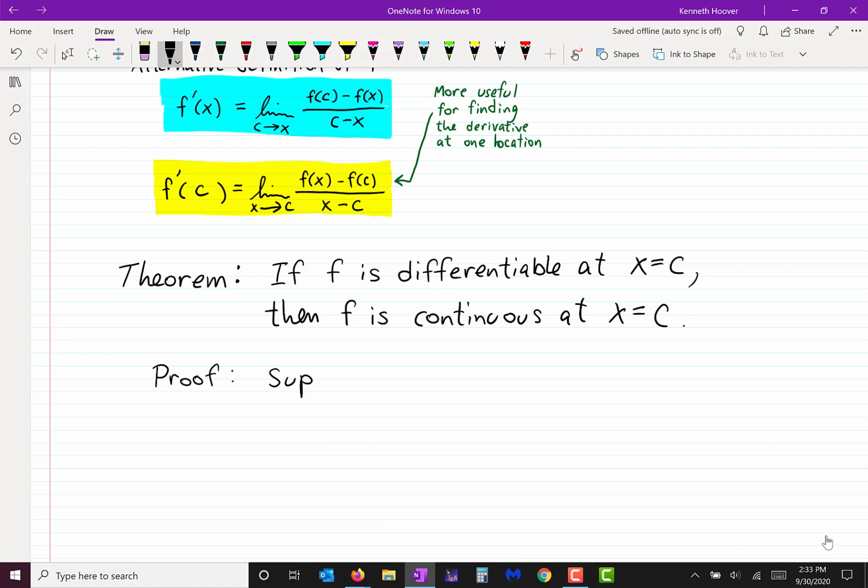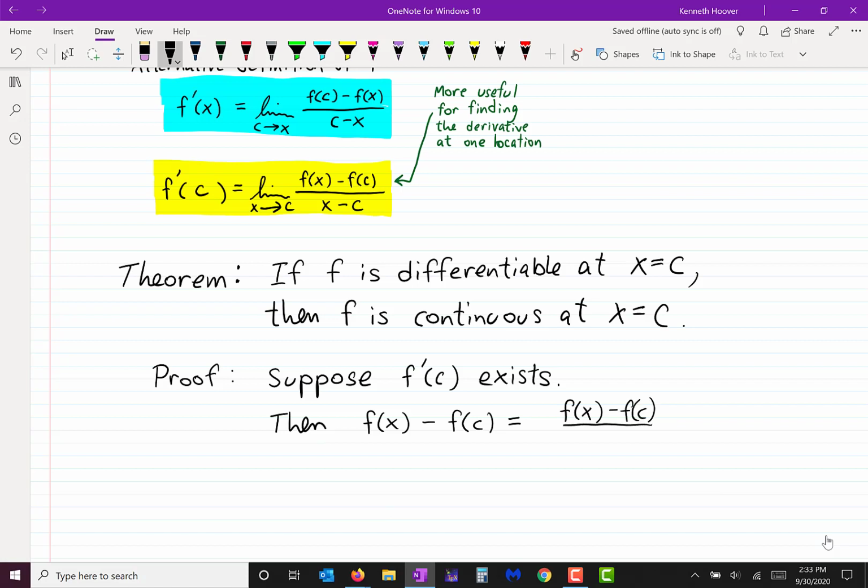Suppose that f prime of c exists. Then f of x minus f of c equals f of x minus f of c over x minus c times x minus c, right?